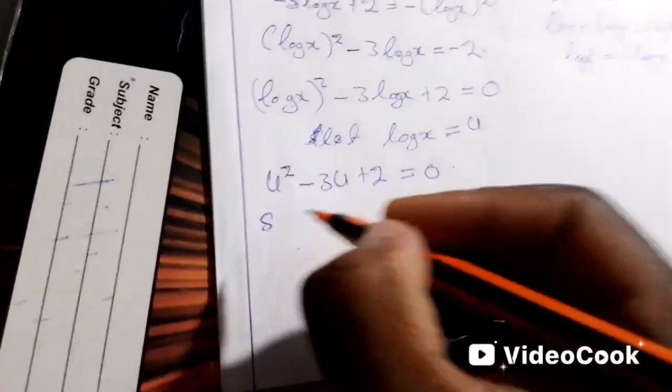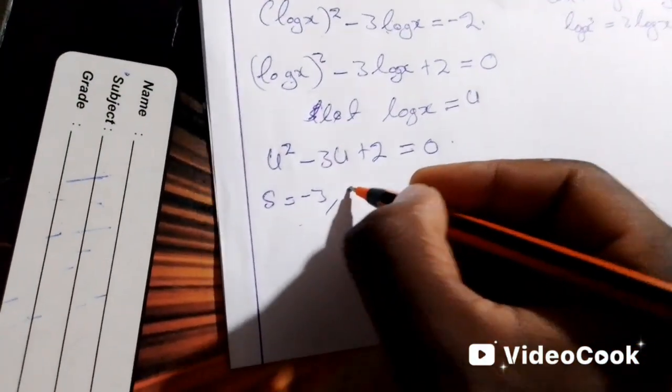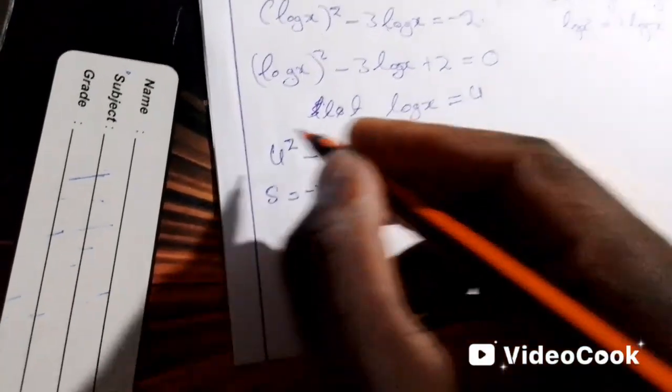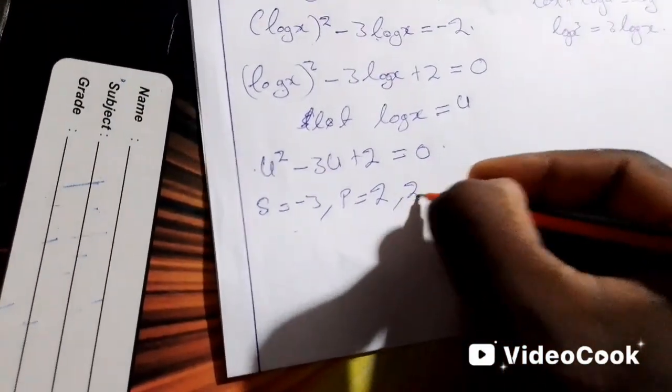So my sum is equal to negative 3, and my product is 2 times 1, which is just 2. What are my two factors?